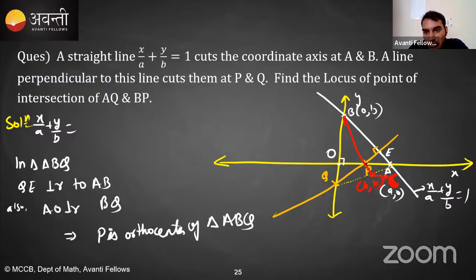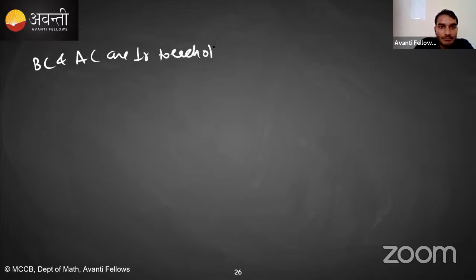As you know that P is the orthocenter, BP will be perpendicular to AQ. ये perpendicular होगा just because your P is orthocenter. So now you can say that BC and AC are perpendicular to each other.